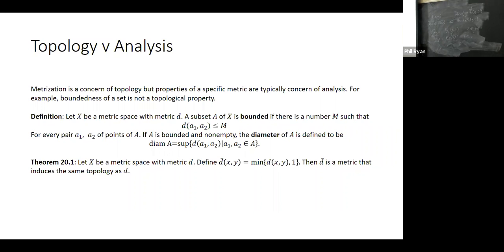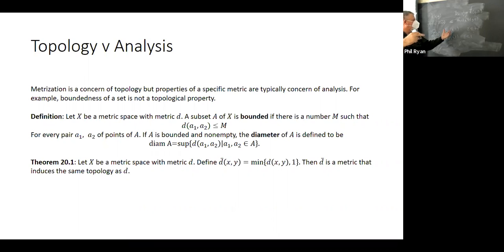So consider these two collections. By definition, they're the same collection, and both of them are bases for the topology.